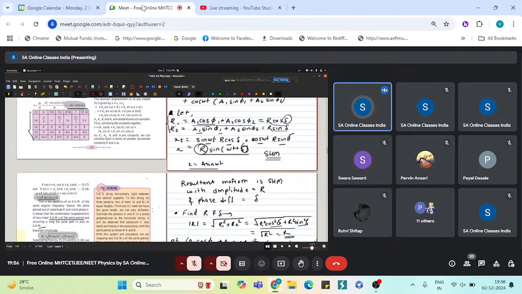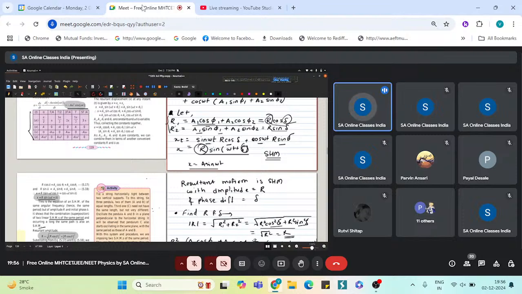For example, in some question you have only been asked to find this delta, and you're not asked to find r. If you are asked to find r and delta, then you can just find r using the formula that you just derived, and then put this r here, and you'll easily get delta, because you just have to take cos inverse of this whole term divided by r. Let's say in some question you're only asked delta, then you don't need to calculate r before finding delta, because that's just a two-step process.